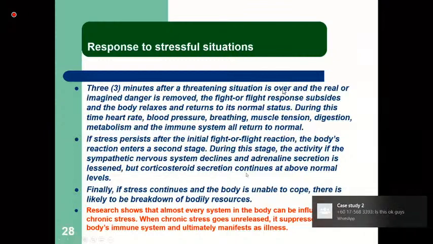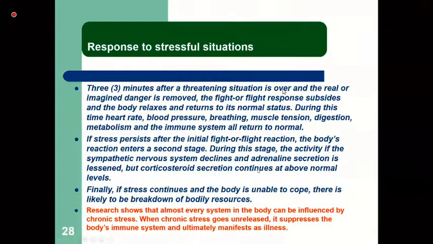Your cortisol level will start to increase above normal level, so corticosteroid secretion continues. But if the stress keeps going and the body is unable to cope with it, the cortisol level is going to increase even further, and you go into hyper stress. Then this is going to be chronic stress. So we must know how to consciously reduce all these levels so that you don't go into a hyper stress situation. Is that okay?